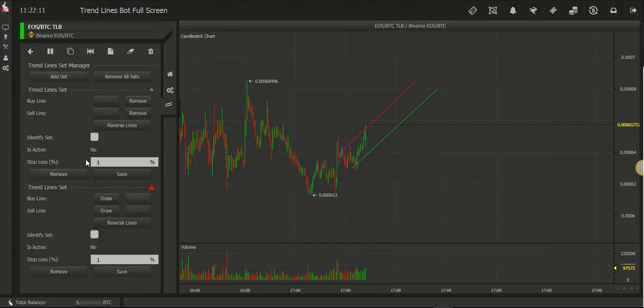For now, let's say we expect it to go here, and then we expect it to trend down, maybe a correction of 30% or so. And then the sell line here.